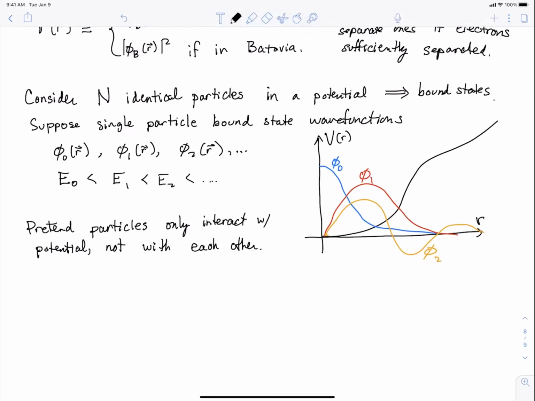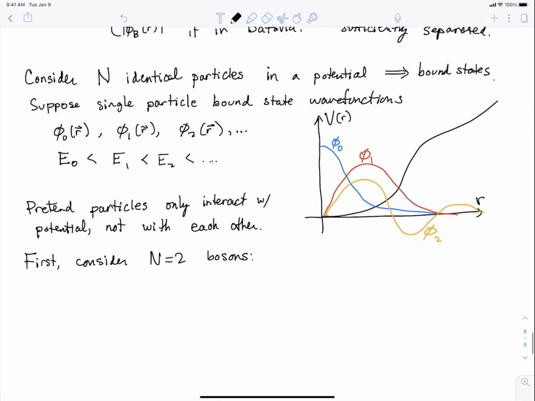So let's go back to n equals 2 for the moment and consider n equals 2 bosons. Okay, and so what's the wave function of the ground state going to look like?